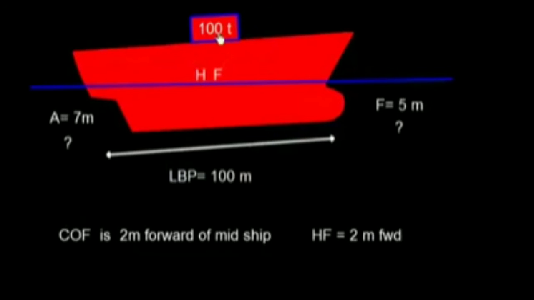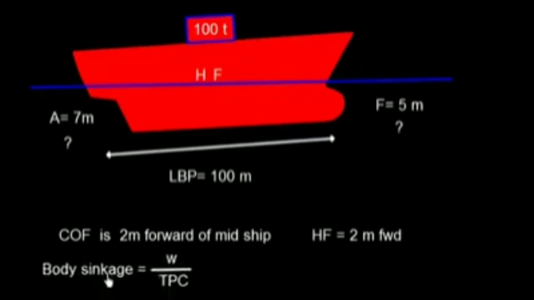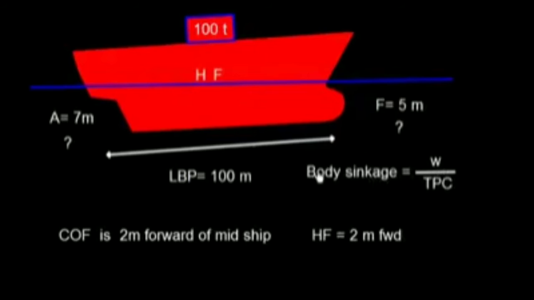Now, instead of loading this 100 ton at this distance D equal to 40 meter, we will assume that I have loaded this 100 ton cargo at center of flotation, which simply means that it will create a body sinkage, and the body sinkage is given by W upon TPC.